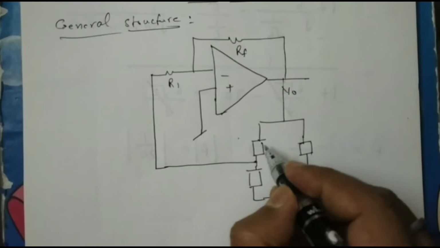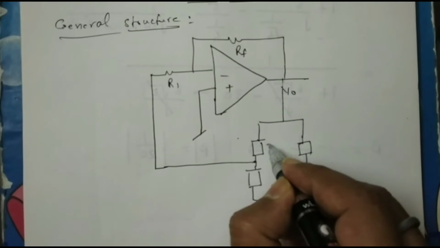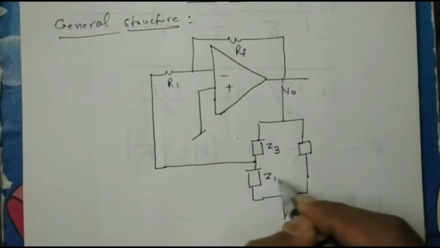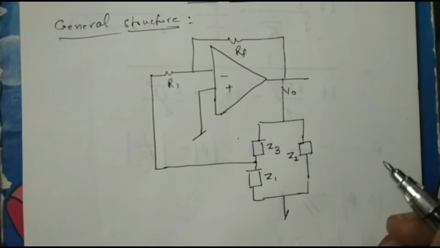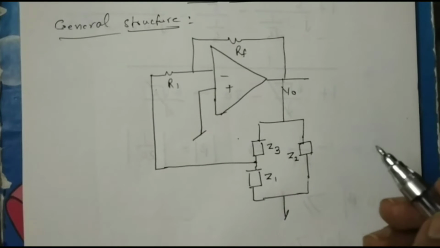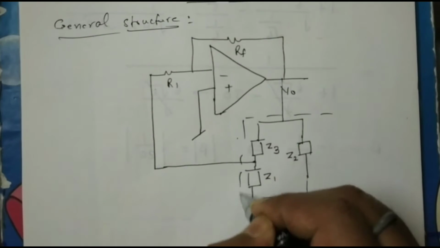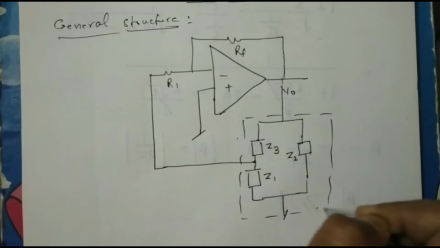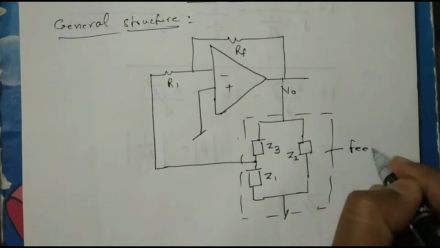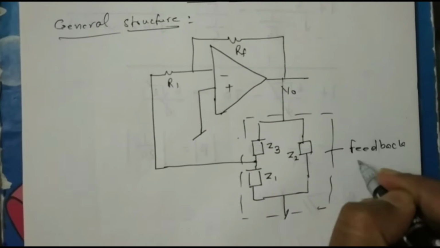This will be considered as Z3, this will be Z1 and this will be Z2. These are the three impedances which will be connected in feedback, and it is known as the feedback network.